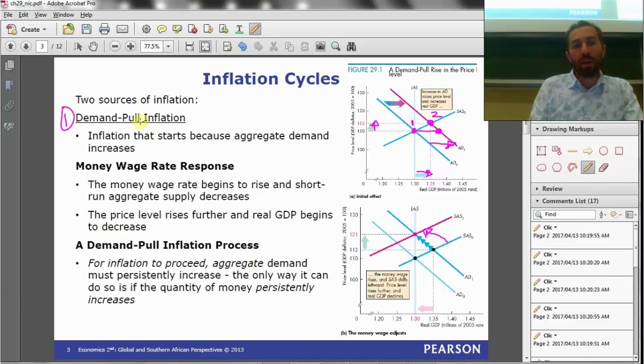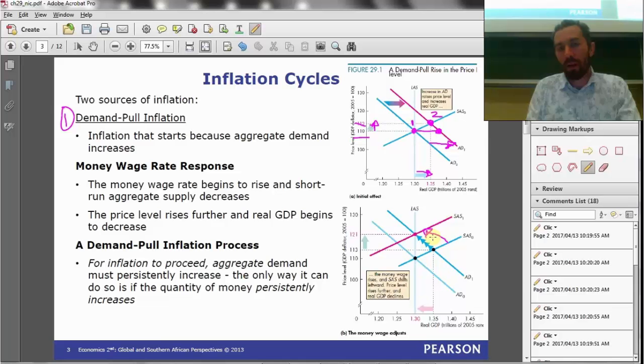So when we have demand pull inflation moving from point 1 to point 2, what is the response? Well, there will be a money wage rate response. The money wage rate begins to rise, and the short run aggregate supply curve shifts to the left or decreases, which then prompts a further price rise. So our prices initially increased in our diagram from 110 to 113.